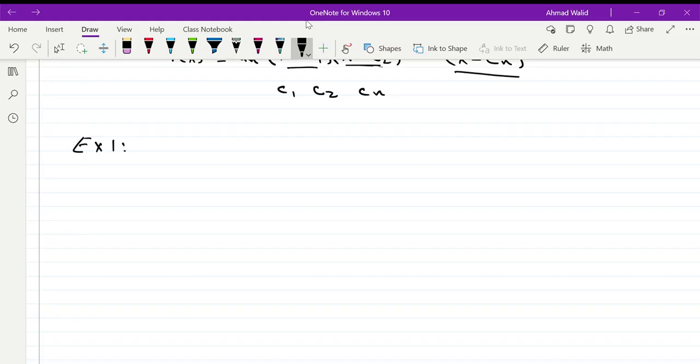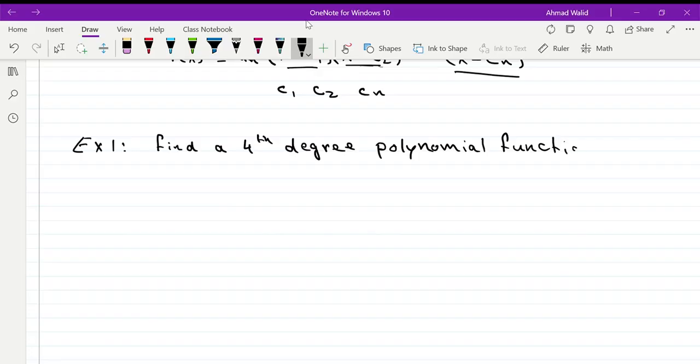Find a 4th degree polynomial function, maybe function f of x. Let's also talk about the variable. It means use x as a variable, correct?